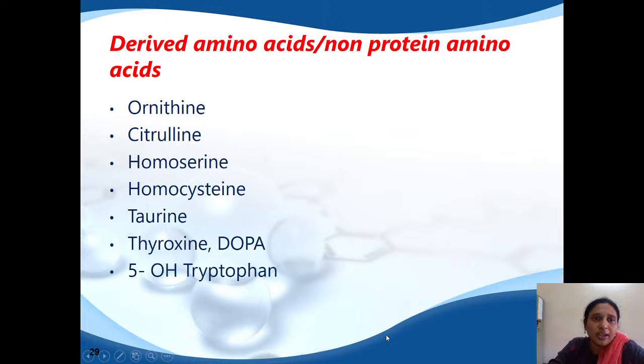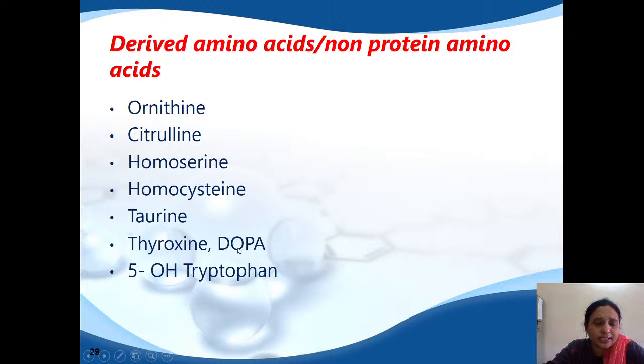If you want to note the list of derived amino acids or non-protein amino acids: ornithine, citrulline, homocysteine, taurine. Please note down that another non-protein amino acid is taurine, which helps in the conjugation of bile acids. And thyroxine, dopa, which is dihydroxyphenyl alanine, and 5-hydroxytryptophan.